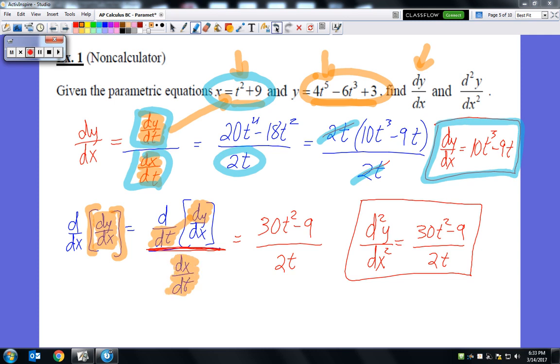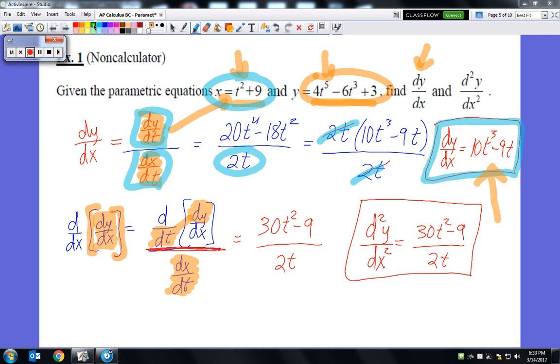And all we're going to do is take the derivative of that. So when we take the derivative of that, it's like saying we're going to take the derivative of our answer, my answer being this right here. So I'm going to take the derivative with respect to time.